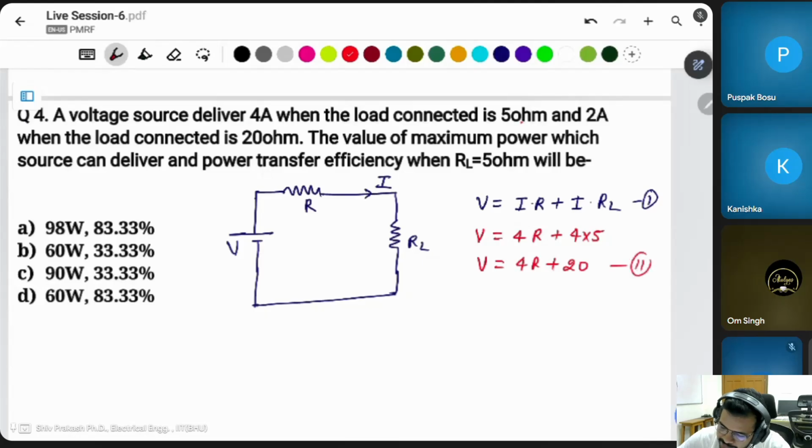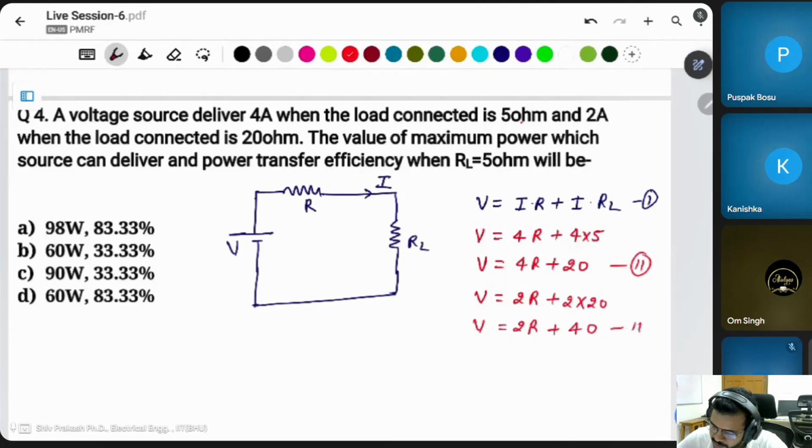Equation number two. And the same thing: the current flowing is 2 ampere when the load connected is 20 ohm. Then V is equal to 2R plus 40.